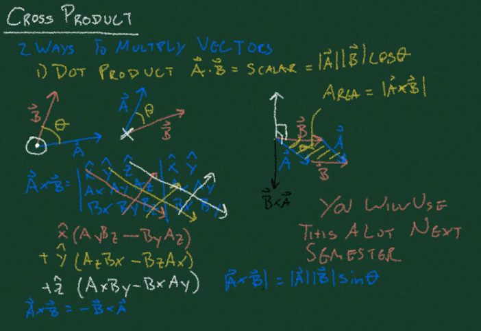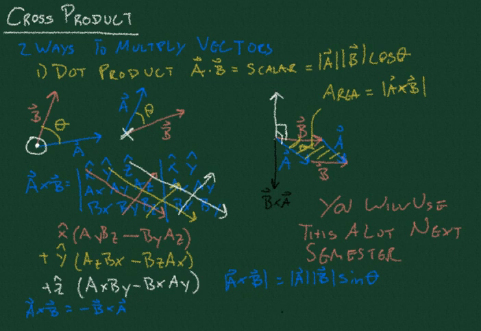And so you see from this that if A and B are in the same direction, the cross product is 0. Remember, the dot product was 0 if A and B were perpendicular. The cross product is 0 if A and B are in the same direction. If A and B are perpendicular, then that gives us a maximum value of the cross product.